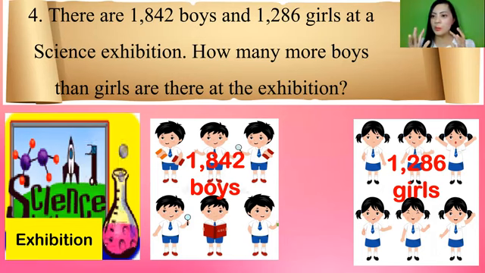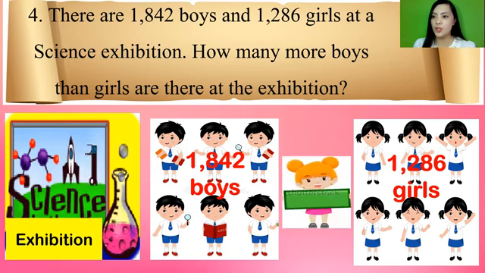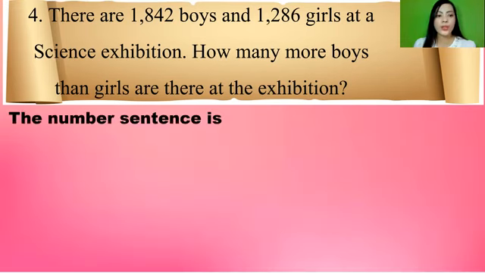So are we going to plus together? The question does not ask you the total number of boys and girls, but we are asked how many more boys than girls. So definitely it is subtraction, right? So now let's go on to the process of the word problem.